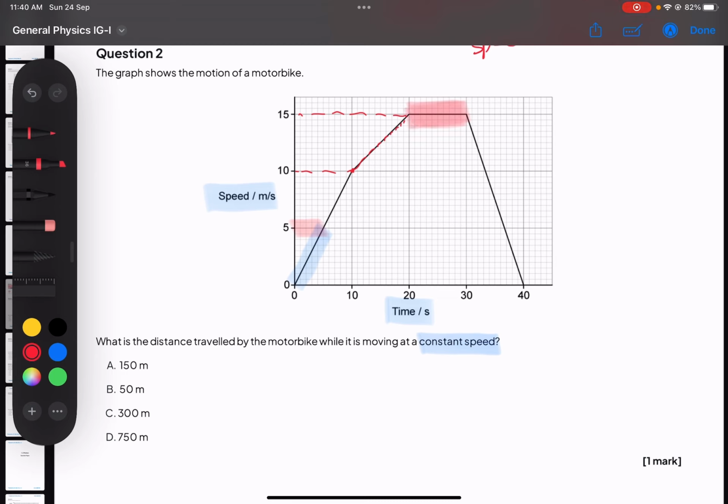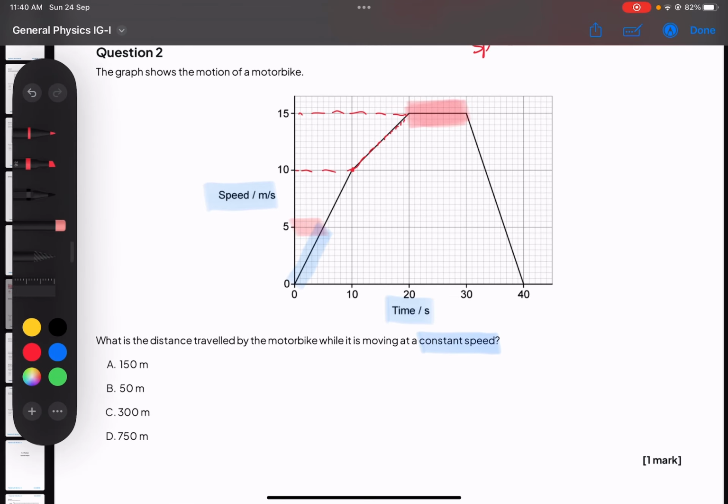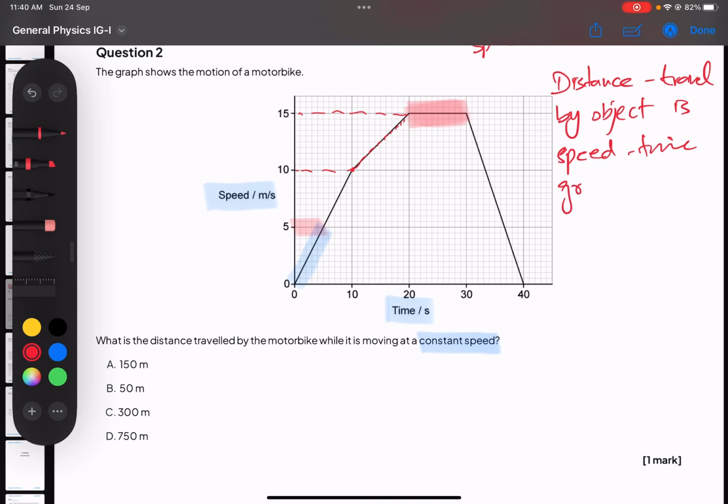So for that constant duration, we have to find the distance traveled. Distance traveled by an object in a speed time graph is basically the area under the graph. So for this graph we have to find the area under it, starting from this point and ending at this point.